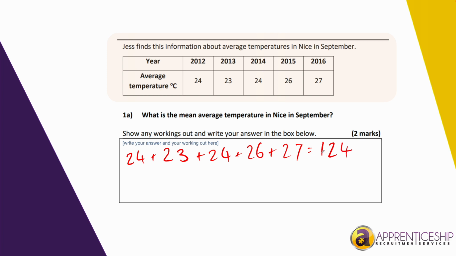Let's just double check that. So 24, add 23, add 24, add 26, add 27 gives us 124. We then do 124 divided by 1, 2, 3, 4, 5, divided by 5 gives us 24.8 degrees. And if we look, it's a sensible answer. It's within the data, so we know we've got it correct.